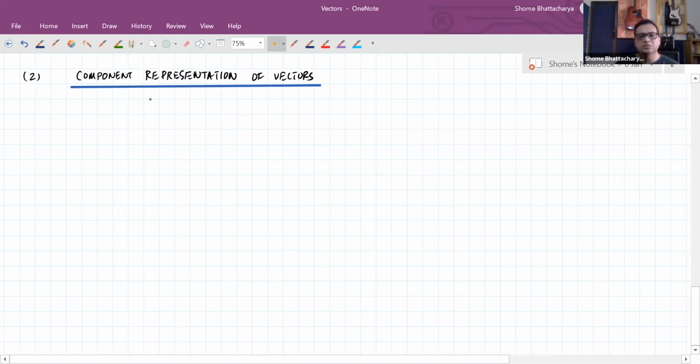So this is a method of representing vectors that basically makes use of a rectangular Cartesian coordinate system. So this is a method of representation which is in reference to a Cartesian rectangular coordinate frame.